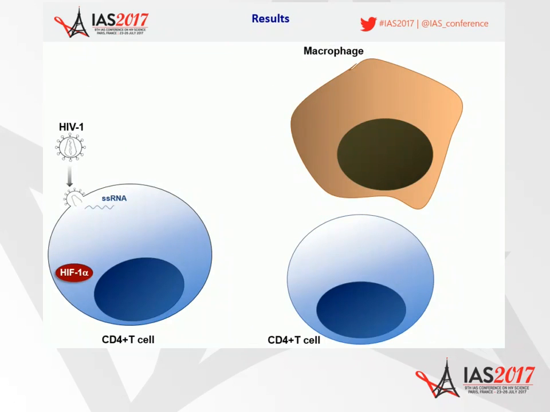So our result suggests that after infection, the reverse transcription produced double-stranded DNA, and this viral DNA is enough to activate the HIF-1 alpha activity, and this increased glycolysis in infected cells. I am not showing here results about that, but we have some data about this.